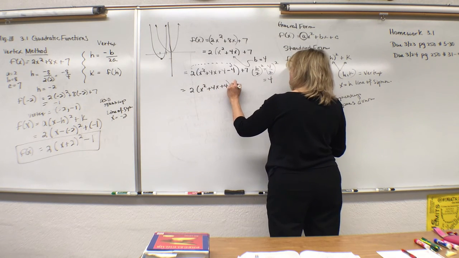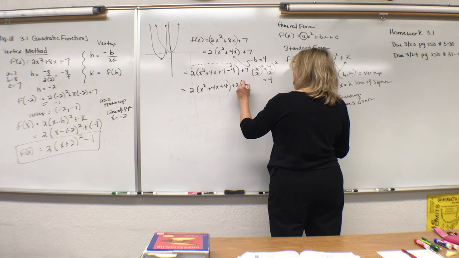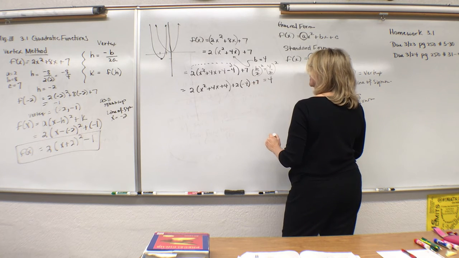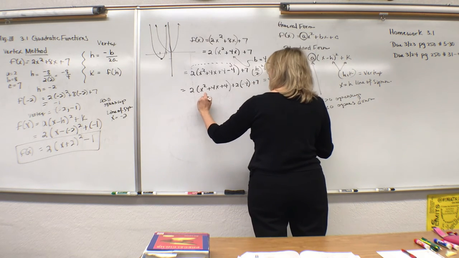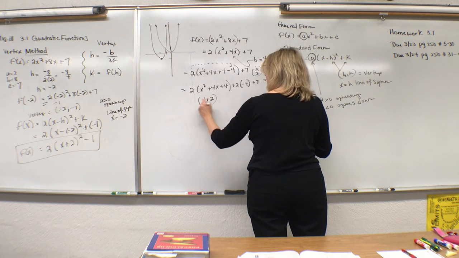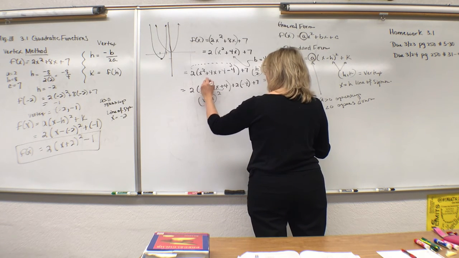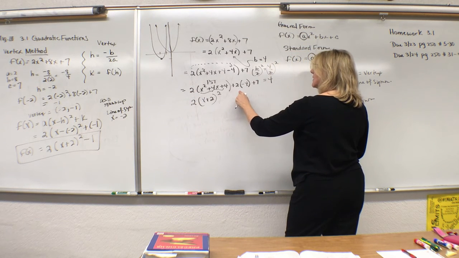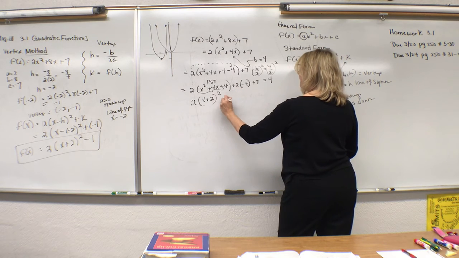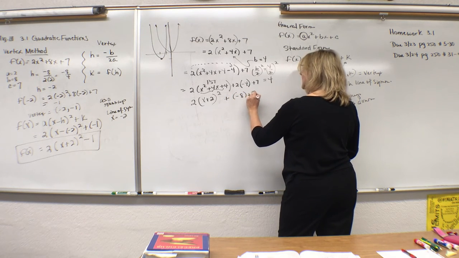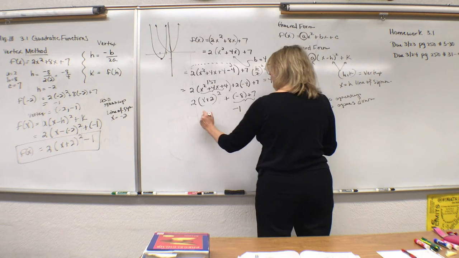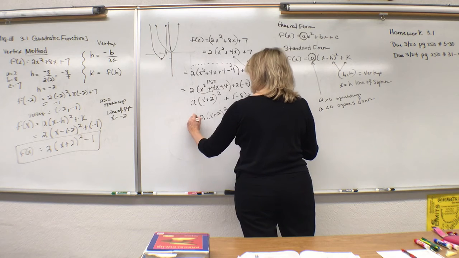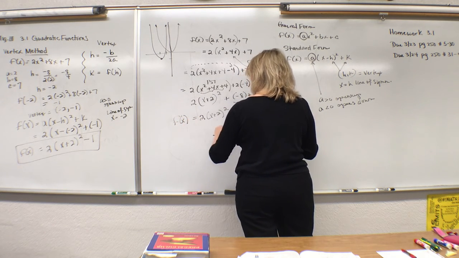So when I regroup, when I reassociate, it's 2 times the -4 plus 7. Rewrite the PST then as the binomial squared. There it is. A is still A. Well, let's get friends together over here. This is really -8 plus 7. The net effect of that is -1. So now I have 2 times x plus 2 quantity squared, minus 1 as the standard form.